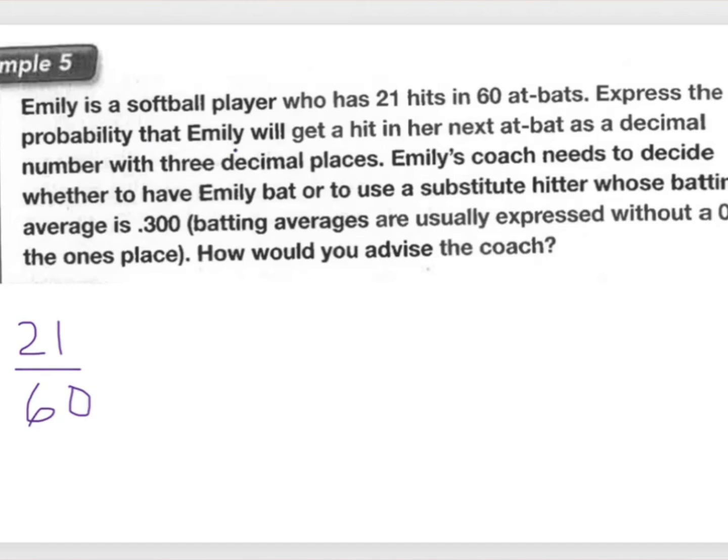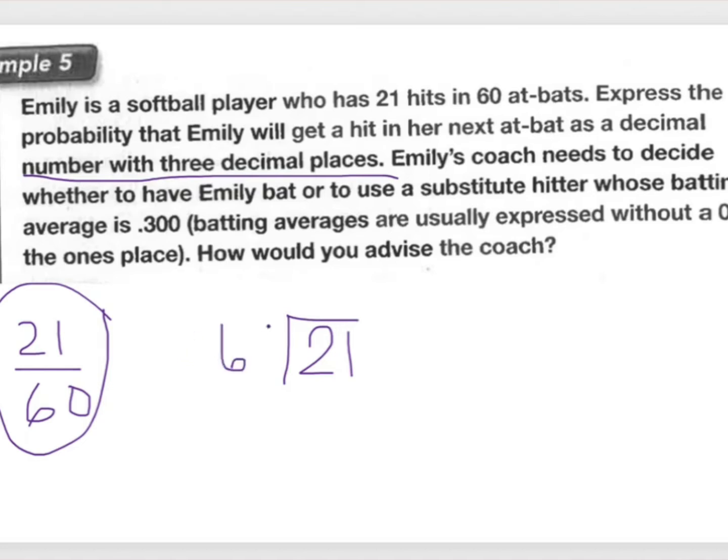Express the probability that Emily will get a hit in her next at bat as a decimal number with 3 decimal places. So this is the probability that she will get a hit at her next at bat. If we were going to turn this into a decimal, we would do a little bit of math here. 21 divided by 60, we're going to put a decimal right here, and we're going to put a 0, and 6 goes into 21 3 times.